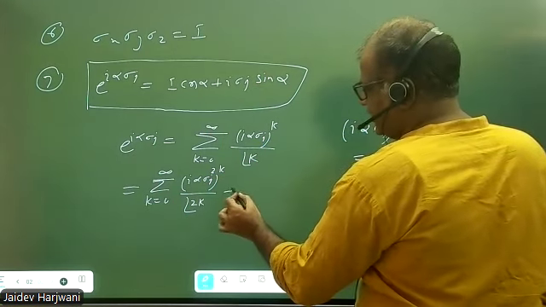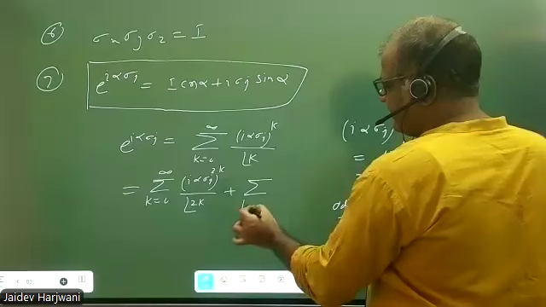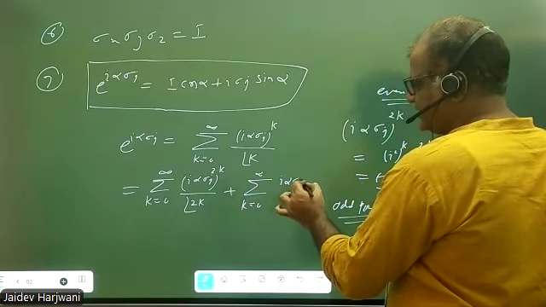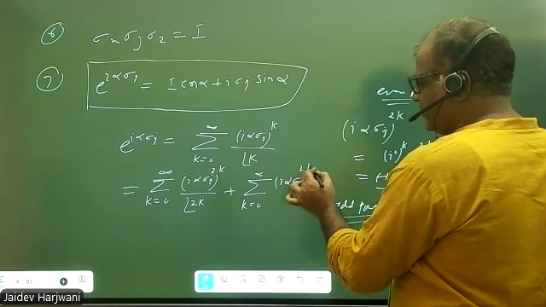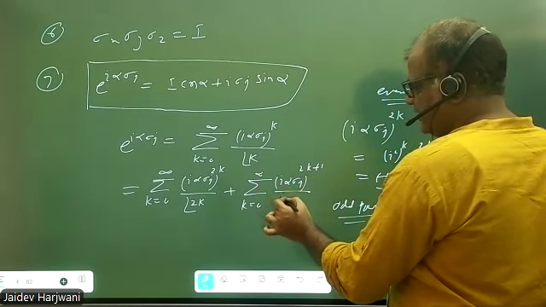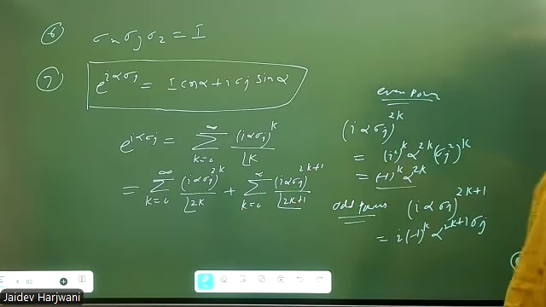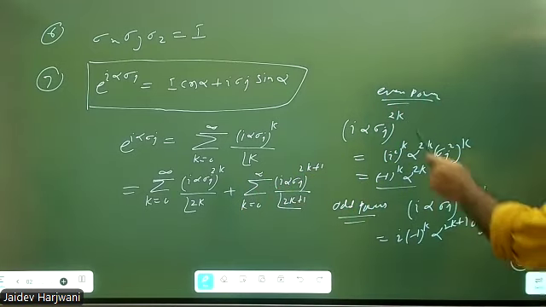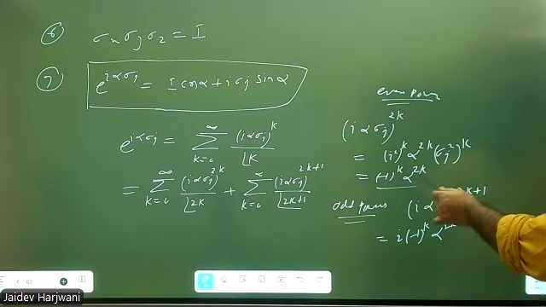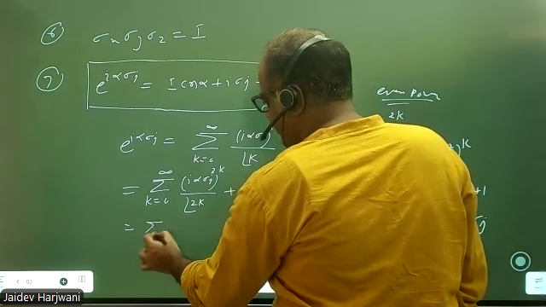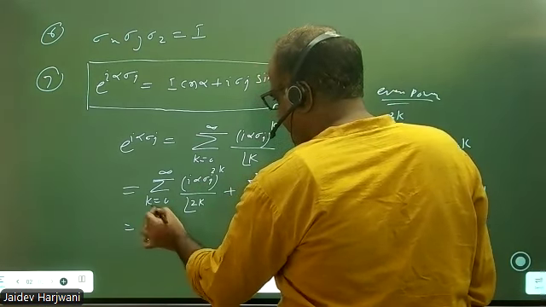And similarly, for odd power I am writing (iα σ_j) power 2k plus 1 upon factorial 2k plus 1. And here we have already seen how I can write power 2k like this. So this is independent of σ, k equals 0 to infinity.